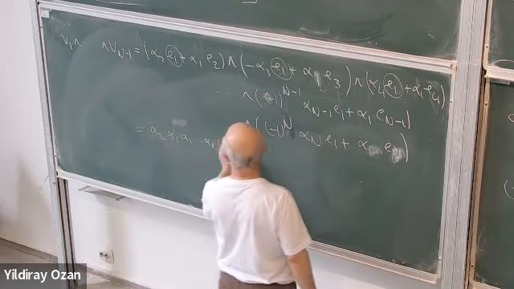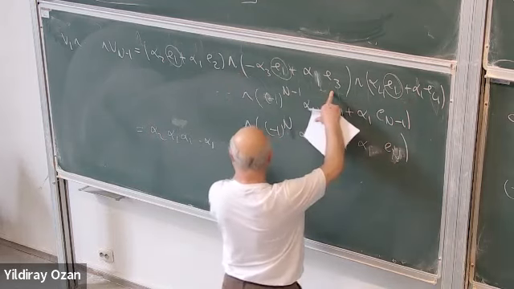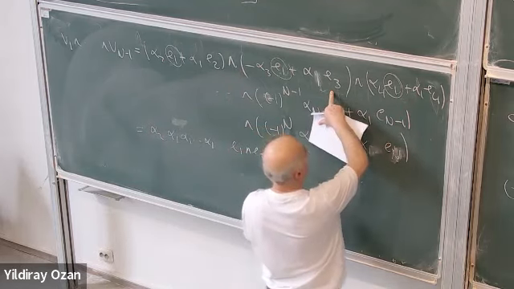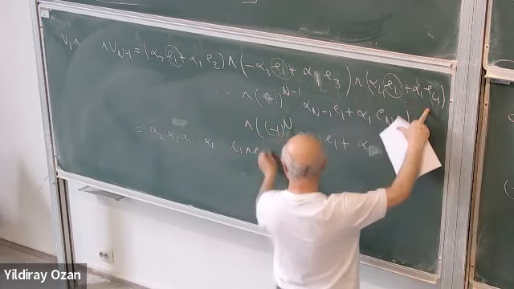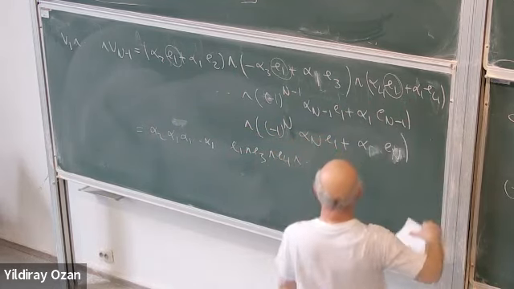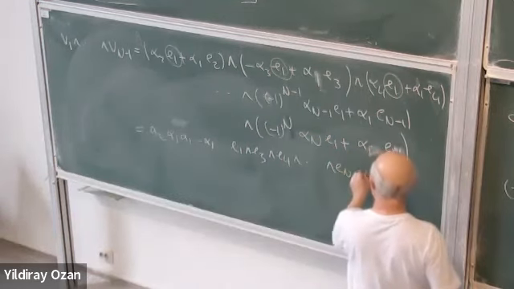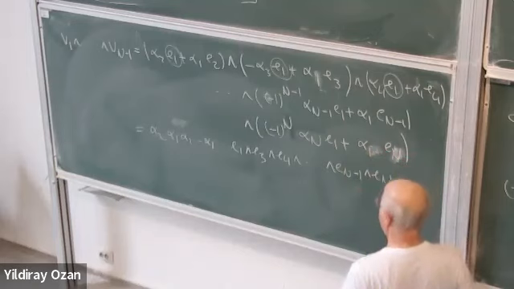Buradaki şey ne olacak? E1'i almıştım. E1, ondan sonra E3 yapacağım. Pick E4. E n minus 1 and E n.